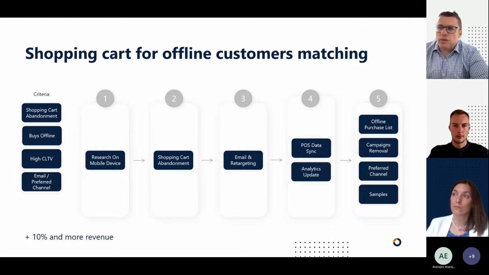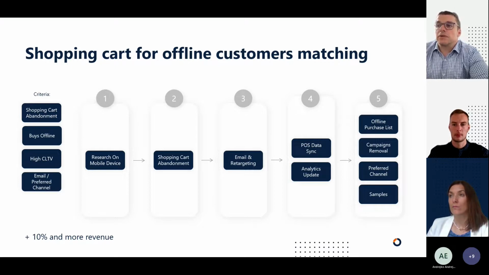What we are doing with this data is creating offline purchase lists for marketing, and we are recommending to approach these customers a different way, especially removing them from some of the marketing campaigns, which might be disturbing for the users or clients, and they might also prefer some channels.